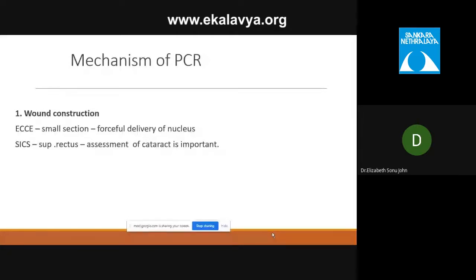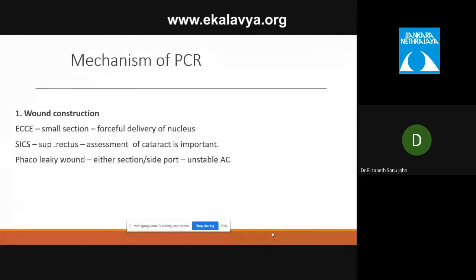The other thing is assessment of the cataract is very important. In SICS, if you make a small tunnel and you have a large nucleus and we try to prolapse it with a poor rectus, then invariably we'll land up with a PCR. So assess the type of cataract and the force that's used to deliver the nucleus.